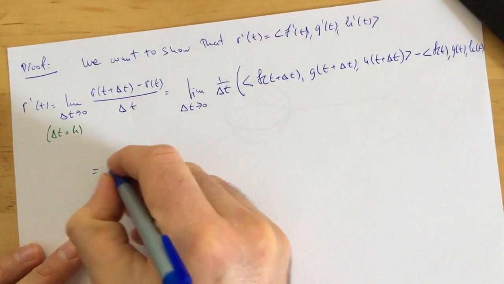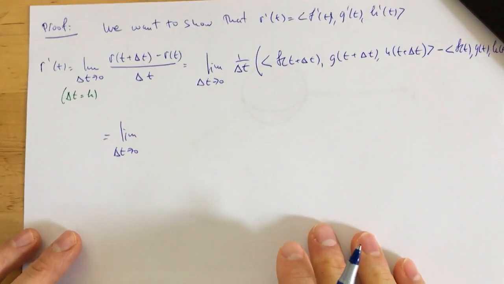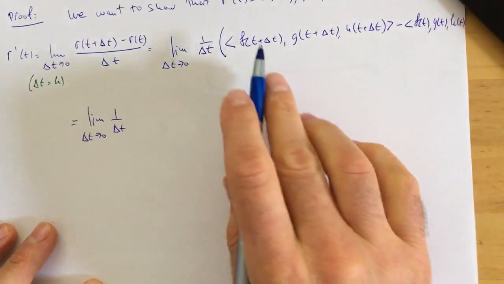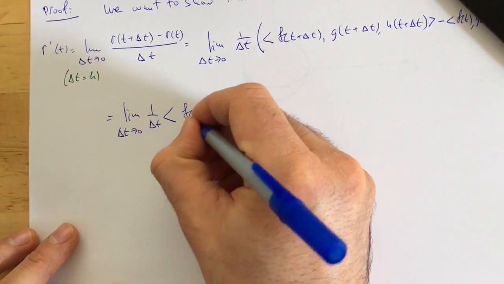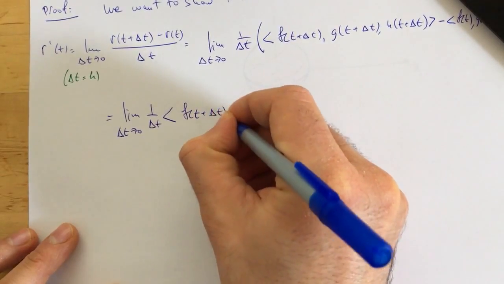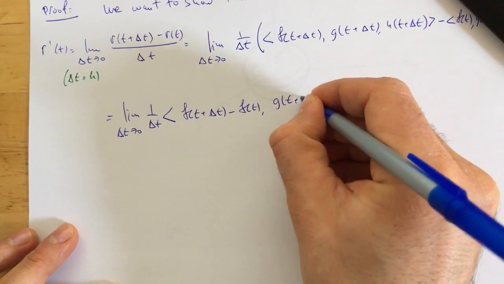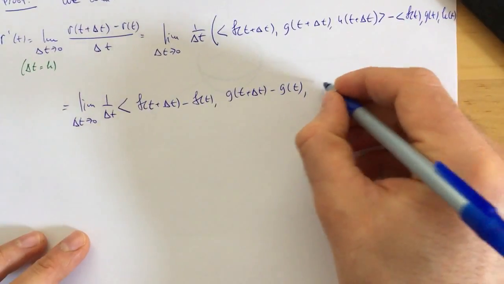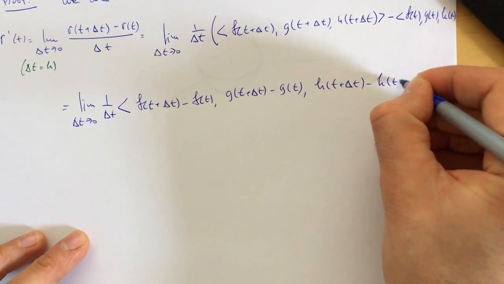That's equal to the limit as delta t goes to 0 of 1 over delta t, and now the difference of two vectors is the difference of each component: f of t plus delta t minus f of t, g of t plus delta t minus g of t, h of t plus delta t minus h of t.